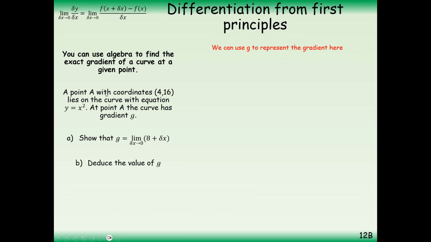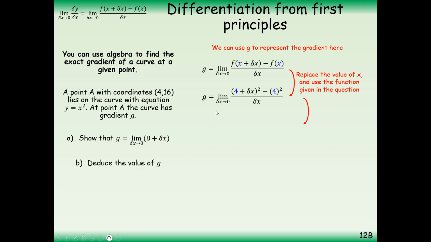Now here we've been asked: point A is at coordinate 4, 16 on this curve, y equals x squared. Show that the limit is 8. So instead of x, we're just going to use this number 4 in our working out. Remember, you have to do the same thing, but when you're expanding a bracket, algebra should be easier with numbers.